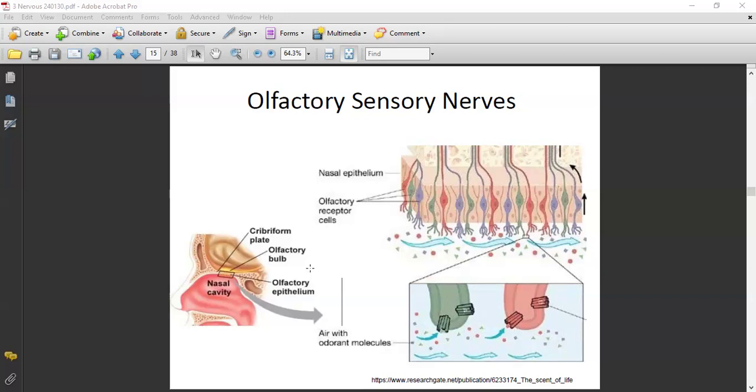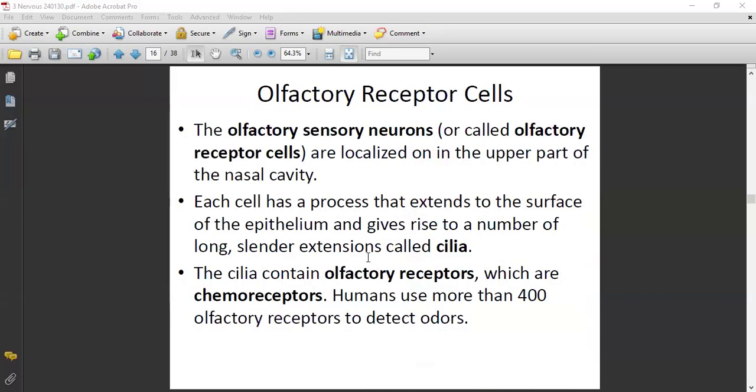So that's that. So what type of receptor is it? It's a chemoreceptor. Where is it? It's in the nasal cavity. So the nasal cavity basically is your sensory organ for smelling, the olfactory sensory organ.